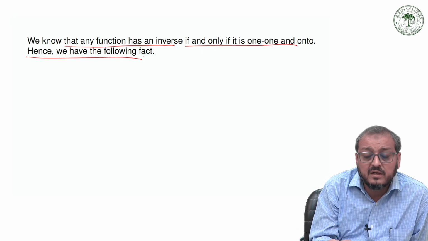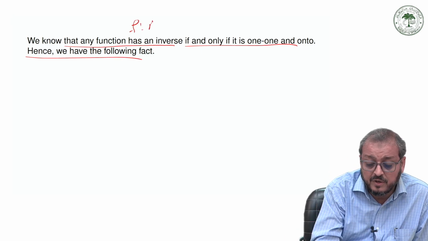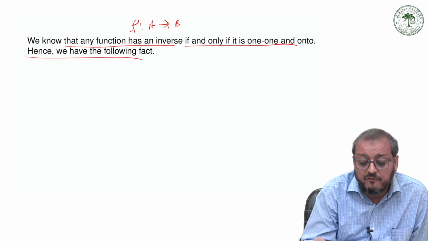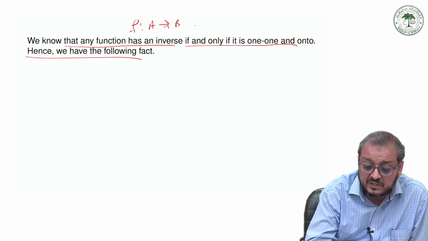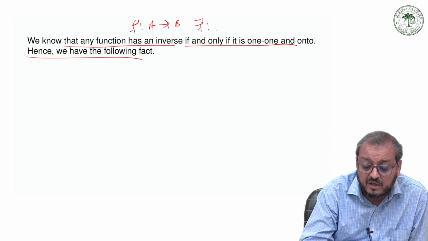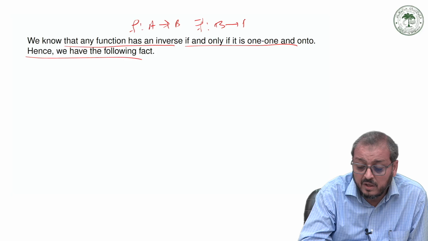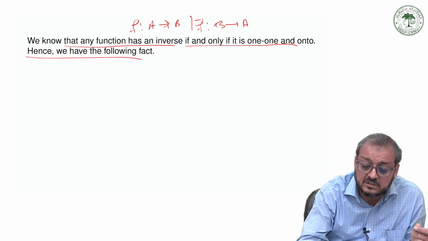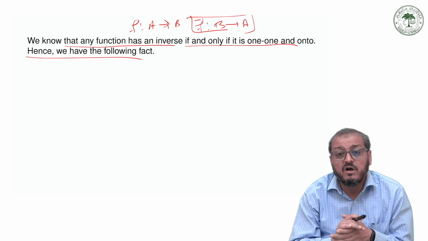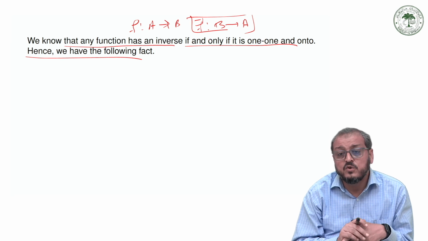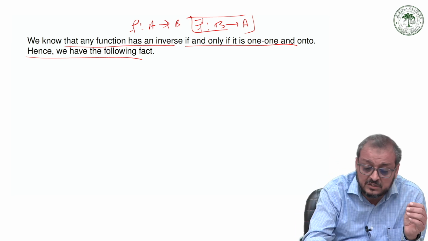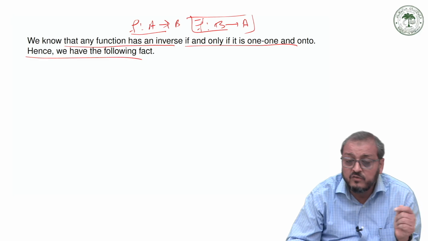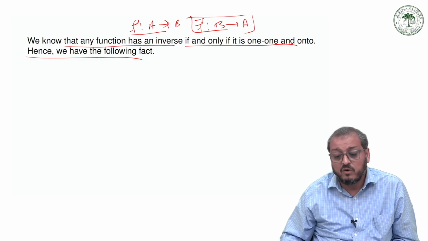You know that for a function from A to B which is one-to-one and onto, we can define a function from B to A, called f inverse. This is called the inverse. If the function is one-to-one and onto, this inverse function is also one-to-one and onto.